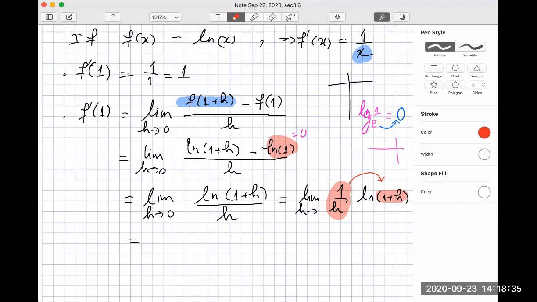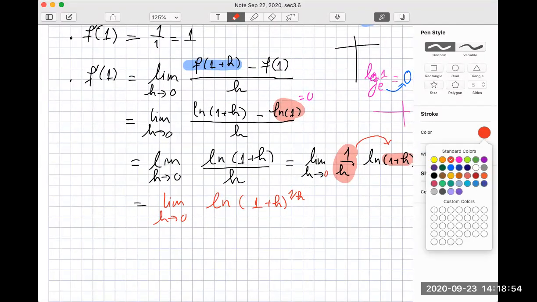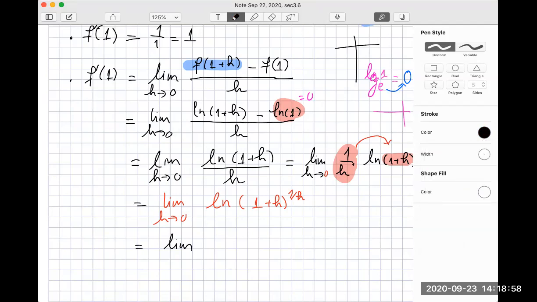It means it will be the limit when h approaches 0 of natural log of 1 plus h raised to the power of 1 over h here. In other words, can we write it in terms of a root function? What is it here? Yeah, h here is simply a name of a variable, right? So we can change its name.